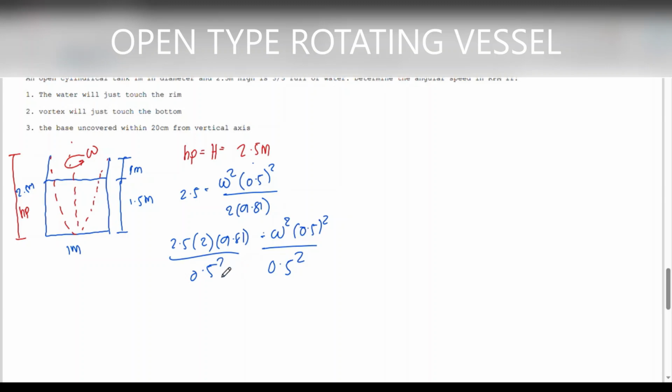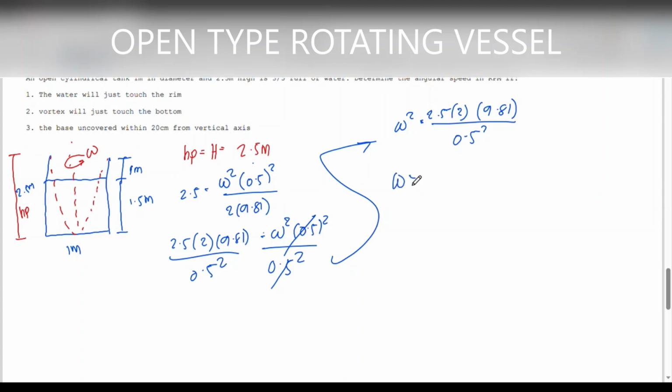So cancel. We'll be left with omega squared is equal to 2.5 times 2 times 9.81 all over 0.5 squared. So for us to determine the value of omega, we have to extract the square root of this one. So omega is equal to the square root of 2.5 times 2 times 9.81 over 0.5 squared.